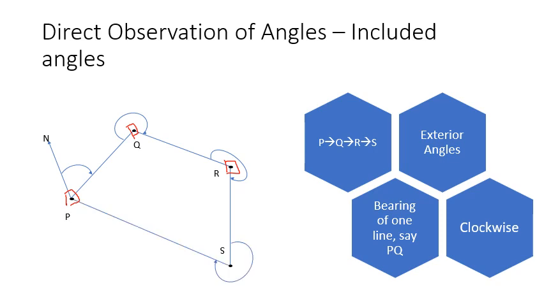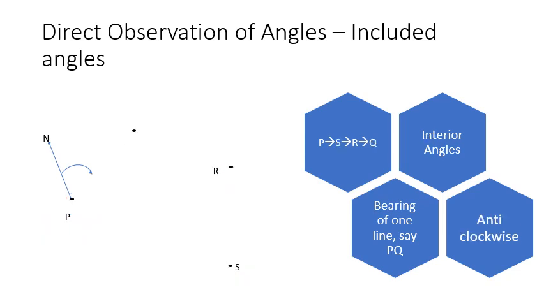Similarly, you will be getting the angle at S. All these angles which you have measured are exterior angles, because you have moved around your plot in the clockwise direction. Whenever you follow the sequence P, Q, R, S in the clockwise direction, you will be getting exterior angles. Then you will have to take at least one bearing as usual.